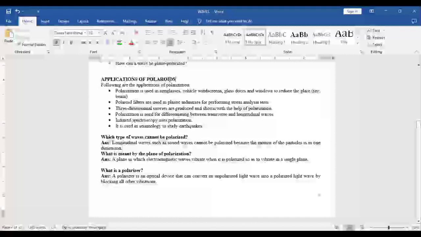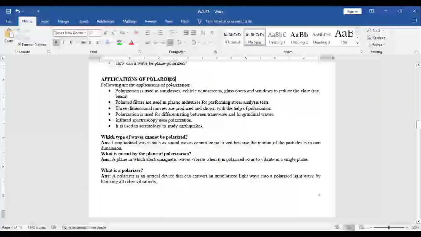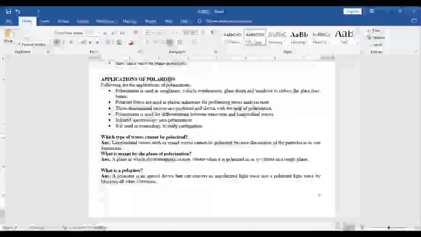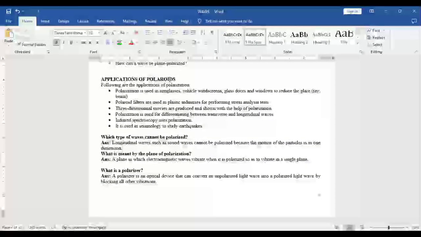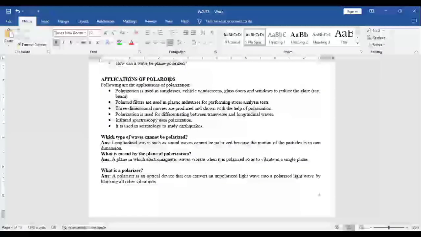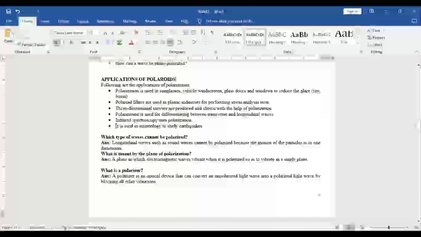Okay, so applications of Polaroids. Polaroids are used in sunglasses, vehicle windscreen, glass doors, and windows to reduce glare, ray of light or beam of light.